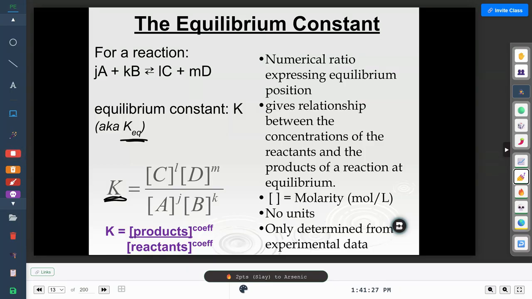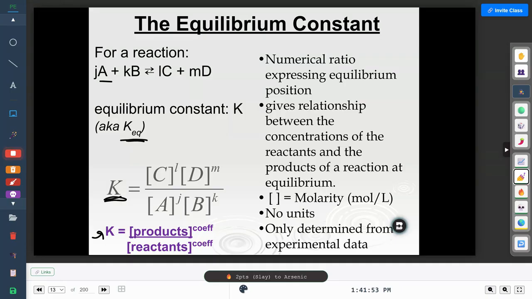We'll talk about a KSP, a KA, a KB. This is KEQ, the equilibrium constant equation. This is the formula that we use to derive the equilibrium position, basically. This formula will tell us how much of our products and how much of our reactants we have when we finally hit equilibrium.